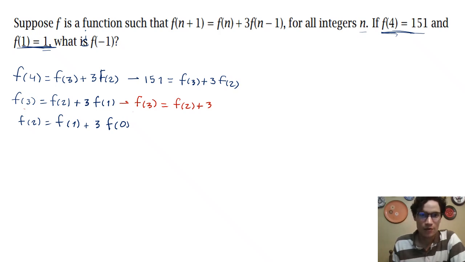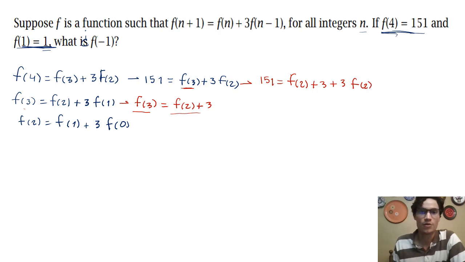We got the value of f(3) in terms of f(2), so we can replace this f(3) in this formula. And we get that 151 is equal to f(2) plus 3 plus 3 times f(2).